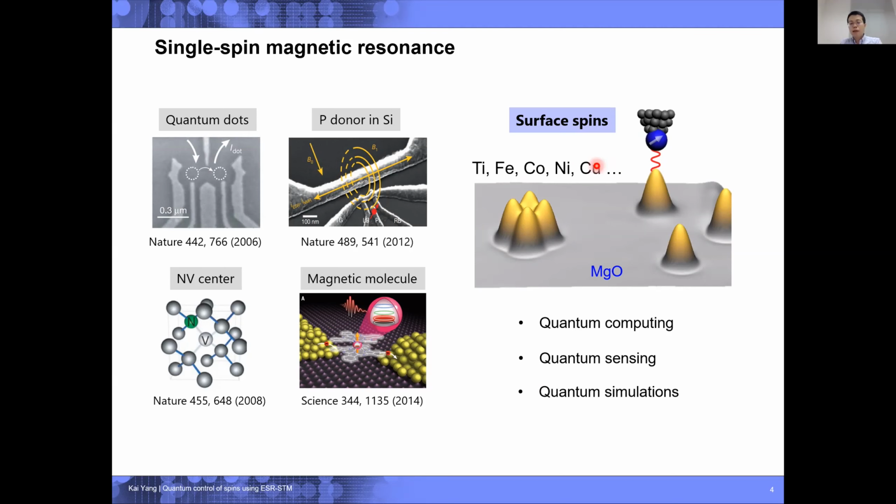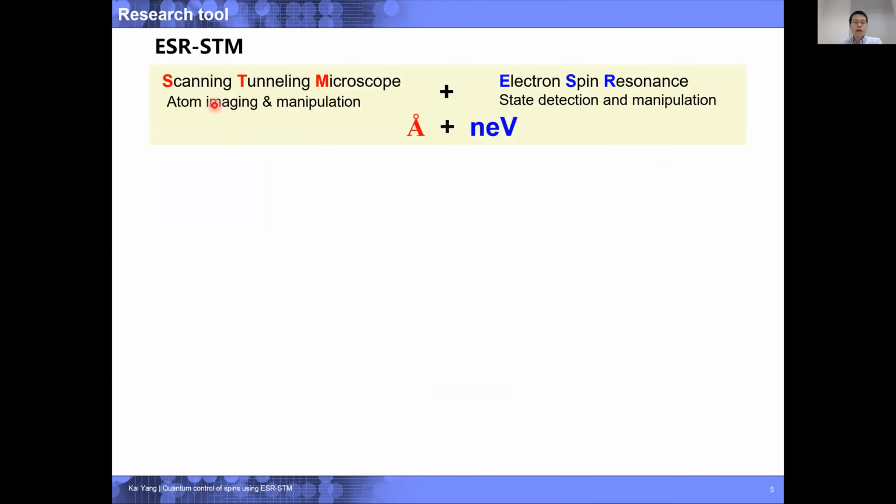One of the unique advantages of our platform is that we can use STM manipulation to build artificial quantum magnets, and we can then probe their quantum states with atomic resolution. This is very difficult to realize in other platforms. In order to detect and control the quantum states of the surface atoms, we combine our STM with electron spin resonance.